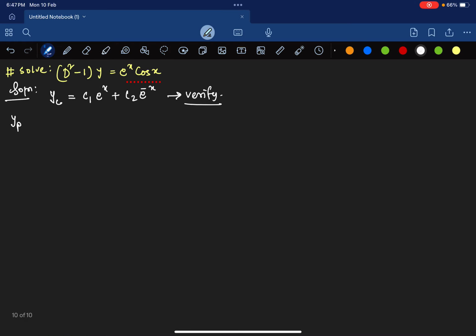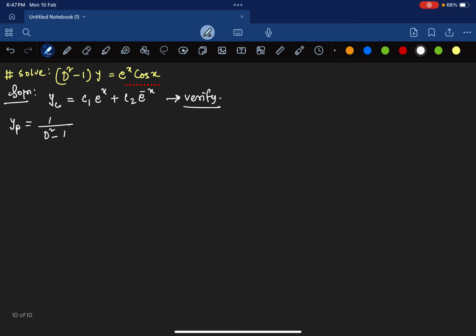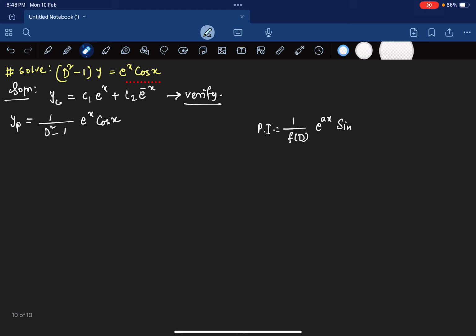Now yp is given by 1 by (D square minus 1) e power x cos x. So what was that formula? The formula was like this: 1 by f of D, particular integral, e power ax, suppose V. In place of sin you can write any function, this is not specified here.